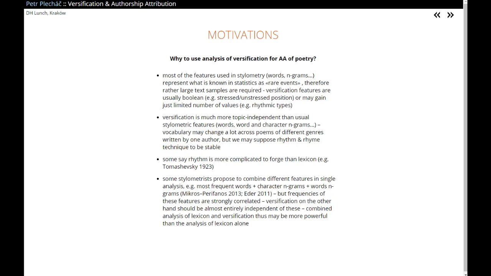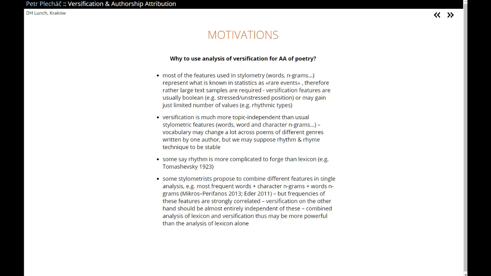Of course, there are many methods to make the analysis of words more topic independent, to throw away the topic-dependent words, but still versification features seem to be much more stable, or at least we can state a hypothesis that the versification of one author across genres is more or less stable, disregarding whether it's a ballad or a sonnet.